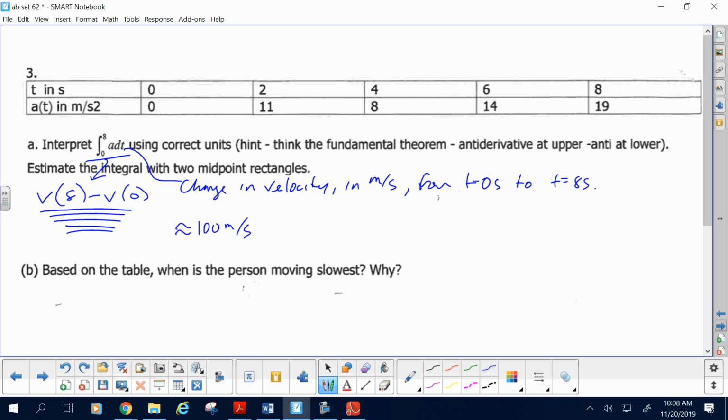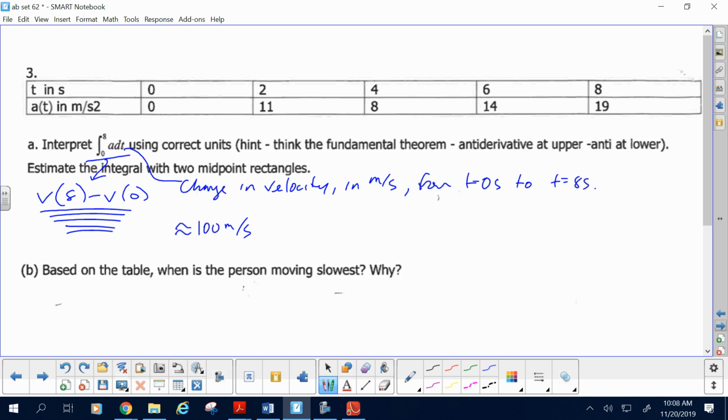When is the person moving the slowest? Now, do I look at these numbers, 0, 11, 8, 14, so boom, slowest at 0? Probably not. Okay, no, because movement means how fast you're going, and that's not acceleration. Do you agree? So when is it moving the slowest?